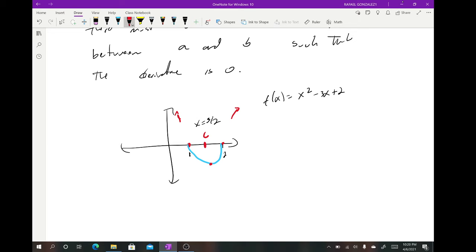So that means that the slope of the tangent line at this point is a horizontal line. So it looks like this. So this is what the theorem is actually telling us, because this is where f prime of 3 over 2 is equal to 0. Okay?